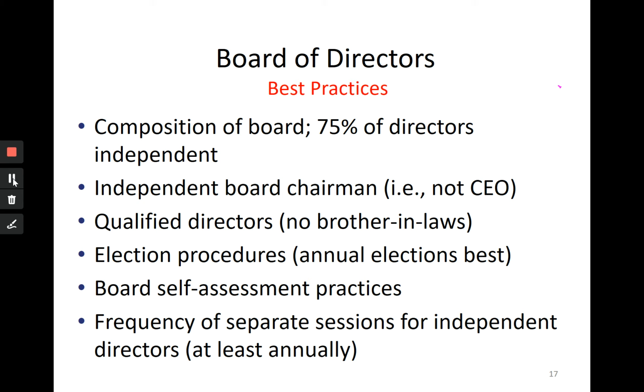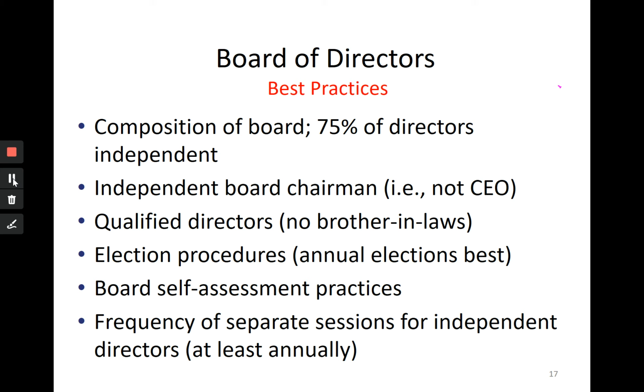Imagine that the decision is to remove the chief executive officer. Well, the chief executive officer would not ever put this decision in front of the board to remove herself or himself. So this gives you an idea of the importance of that independence. It's important for discipline and for running the board effectively.